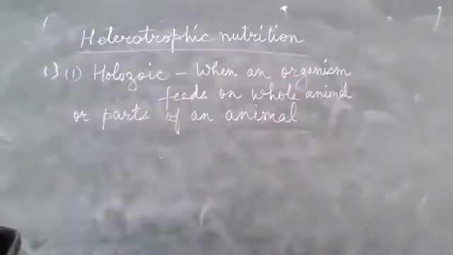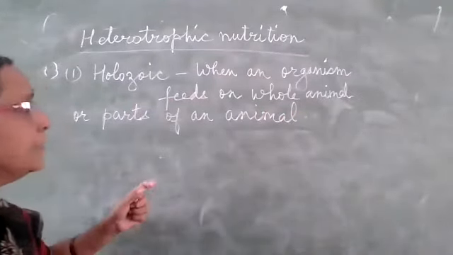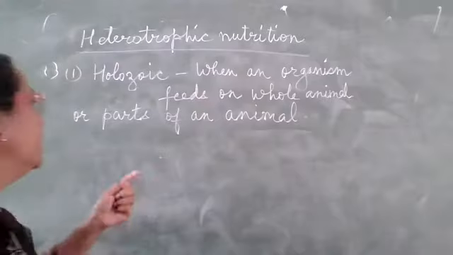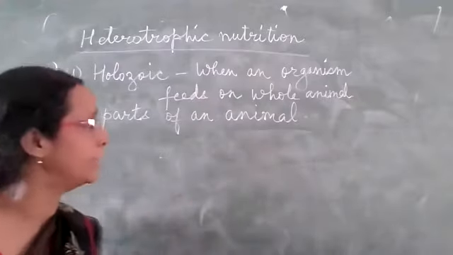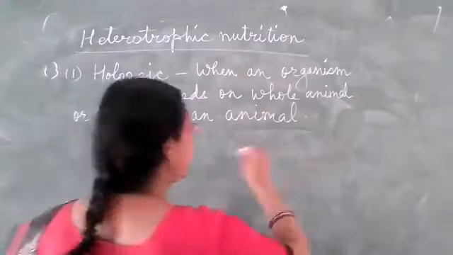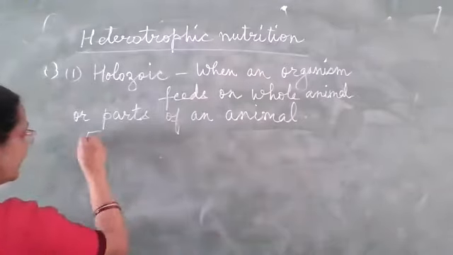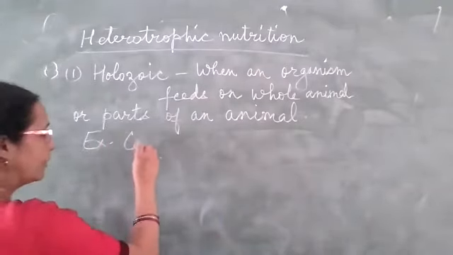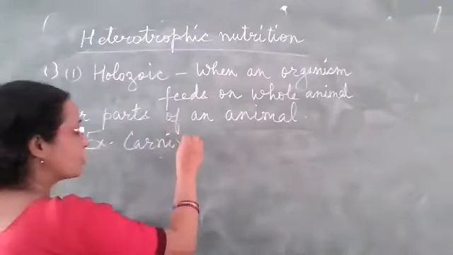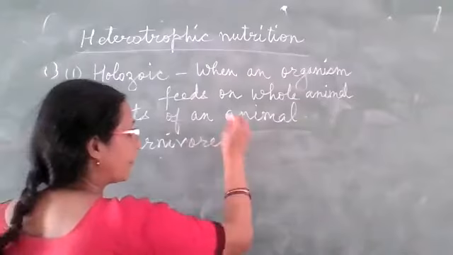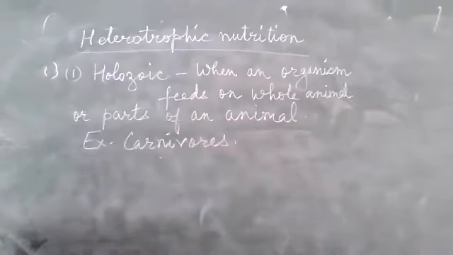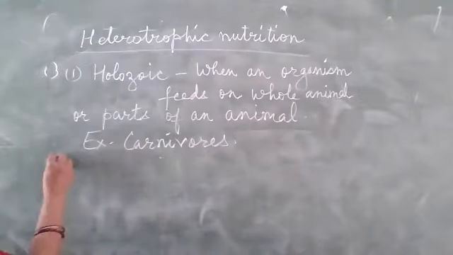Right, means whether the organism is eating a whole animal or part of an animal. Example इसमें आ जाएंगे, carnivores. Then holophytic.